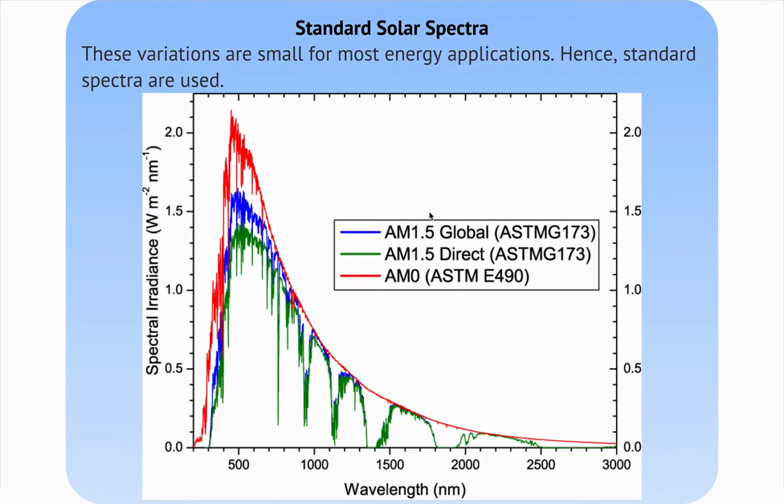We'll talk about what AM 1.5 is shortly, but this basically gives a standard curve that everyone can use to measure their systems, whether it's solar cell, solar absorber, whatever. AM 1.5 direct is this green curve, which is only the direct part of the sunlight, ignoring the diffuse part of the light. AM 0 is the spectrum in space. Okay. We'll refer to this again and again later on.